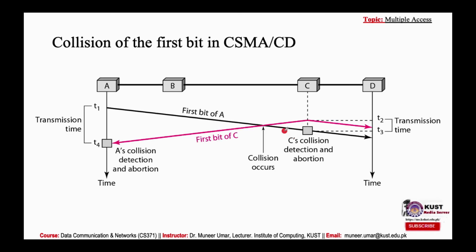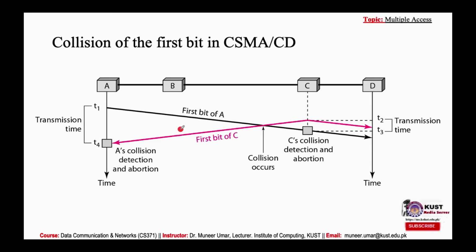To better understand CSMA/CD, let's have a look at the first bit transmitted by two stations involved in the collision. Although each station continues to send bits in the frame until it detects the collision, we show what happens at the first bit collide.